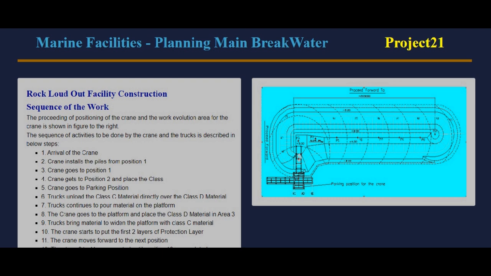After placing the material the profiles in area are to be done. 10. The crane starts to put the first 2 layers of protection layer from level -5.15 CD. 11. The crane moves forward to the next position. 12. The steps 8 to 11 are repeated until position 10 is completed.